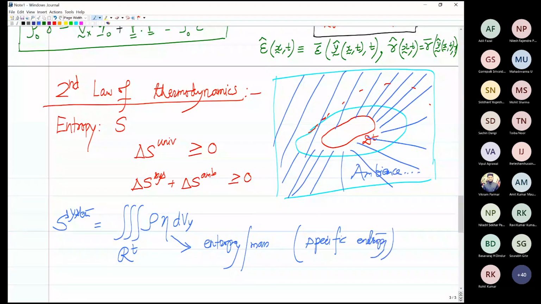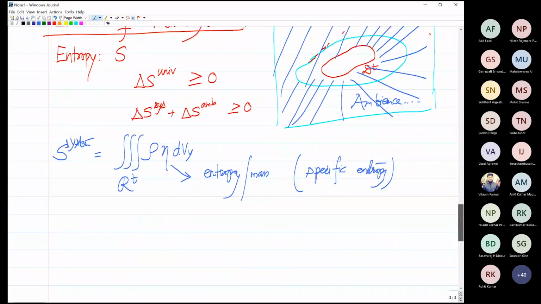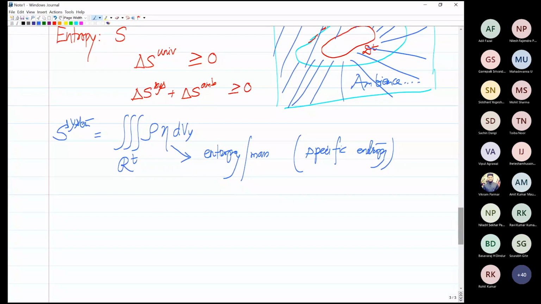And of course, we don't know how to characterize this ambience, how to characterize the entropy of the ambience.